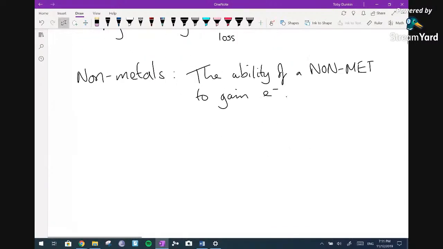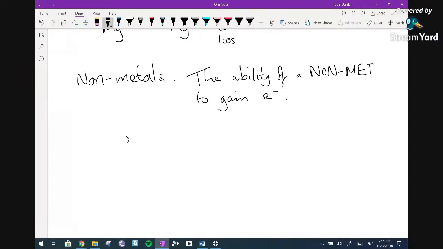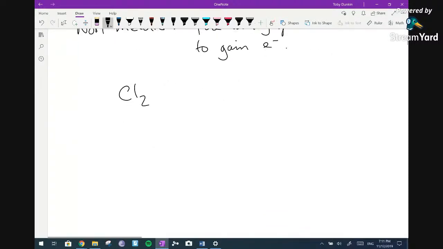Let's look at an equation. So if I go to chlorine, Cl2. Now, the non-metals require a higher level of working here than the metals do. Because, of course, most of the non-metals that we're going to be using are traveling around diatomically, which means when they gain electrons, if we were looking at the particles, we would see chlorine in its diatomic situation, and each of those chlorines is going to gain 1 electron.